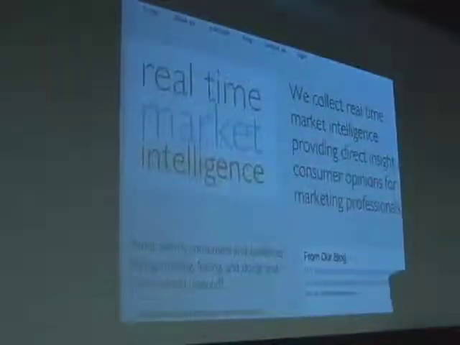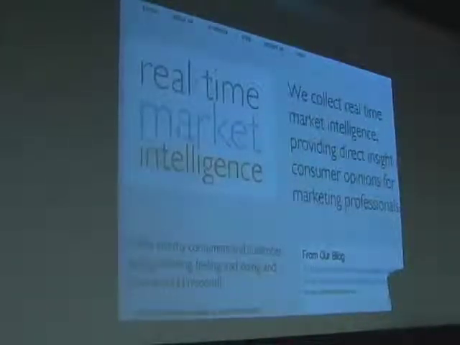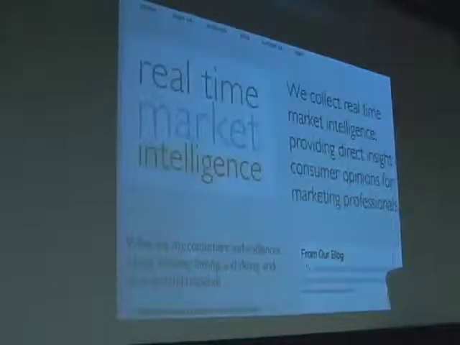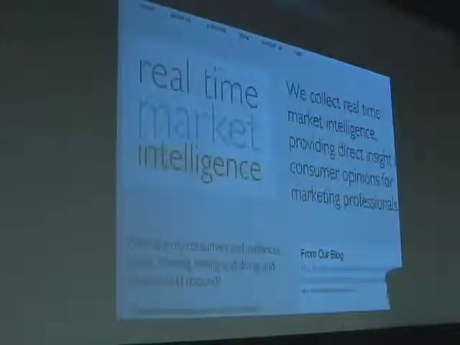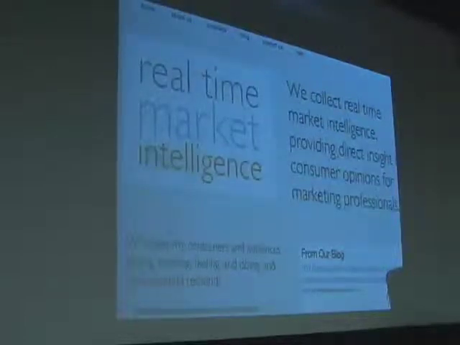The next company that I'd like to talk about briefly, I'll just give you an introduction, is Collective Intellect. And this company is doing fascinating things with monitoring as well. Only it's more about monitoring the words being used around your brand, how people are talking about your brand.